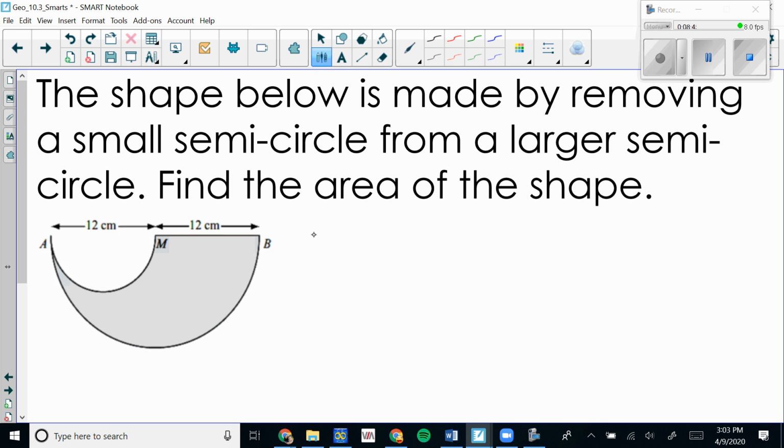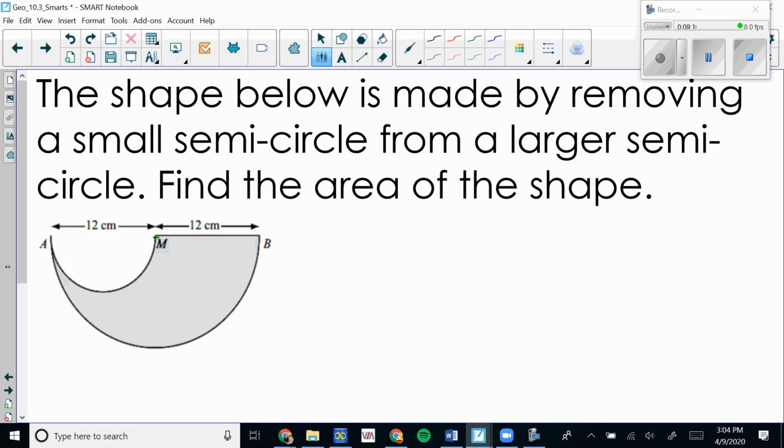So again, think of it as a whole circle minus a small circle divided by 2 to get the shaded region. All right, the area of the larger circle. The radius of the smaller one is 6.